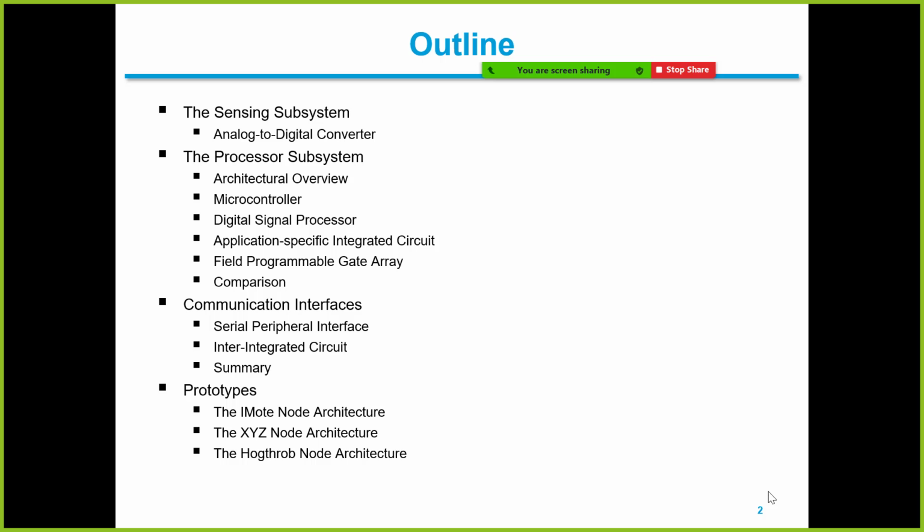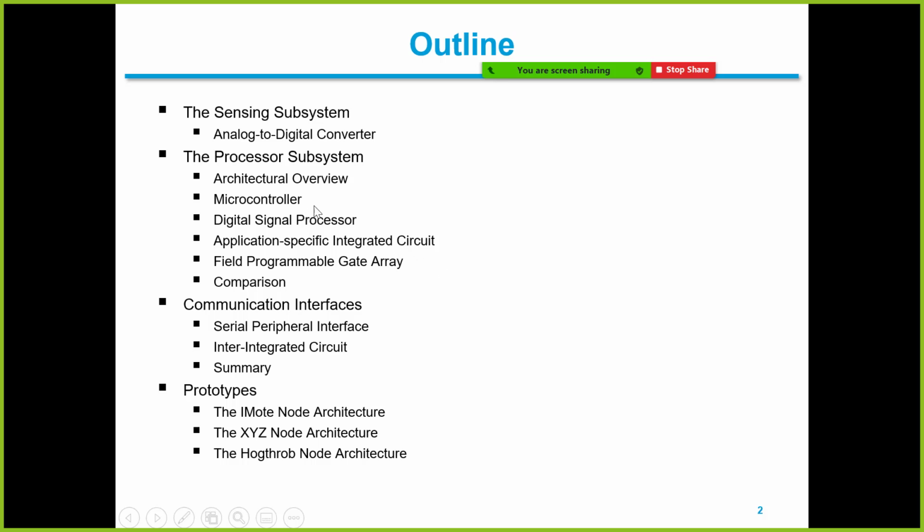Like the sensing system, right? For the sensing subsystem, we will cover the ADC in detail. Another subsystem is the processing subsystem, or you can say processor subsystem. Here you can see that we have a couple of options for the processor subsystem in various sensor networks.